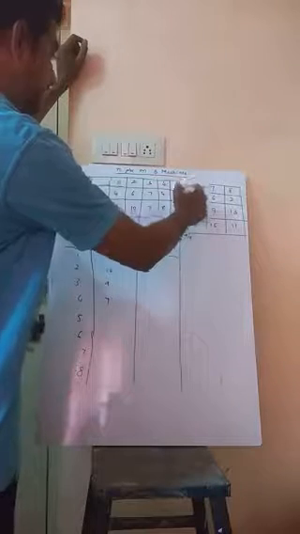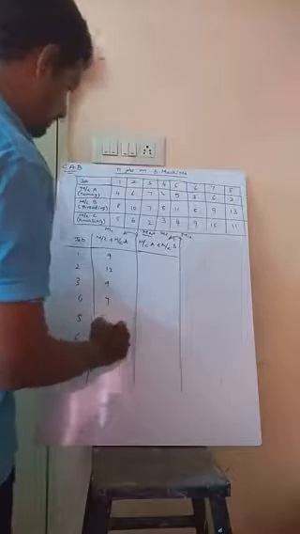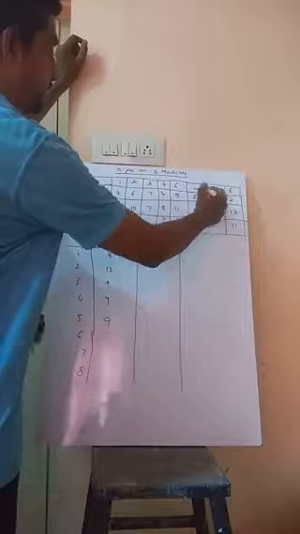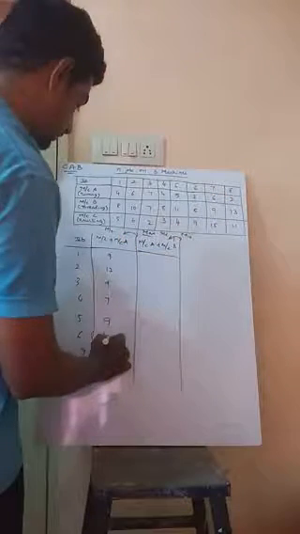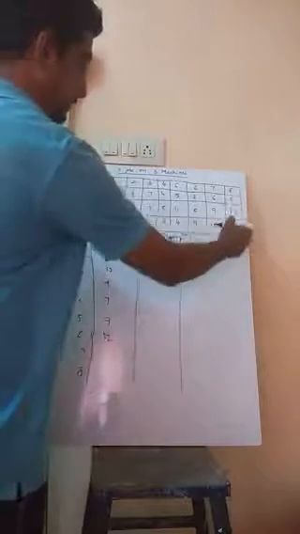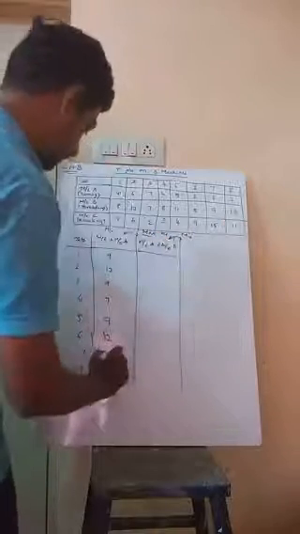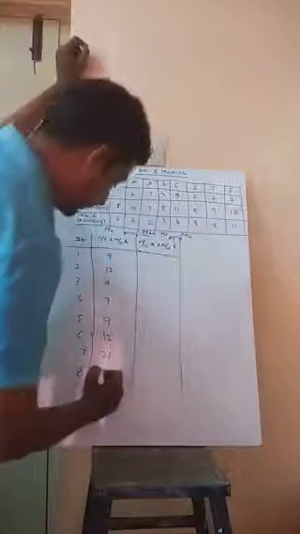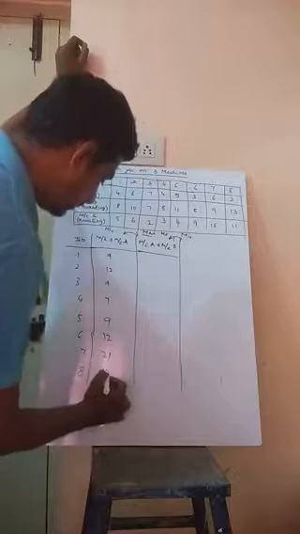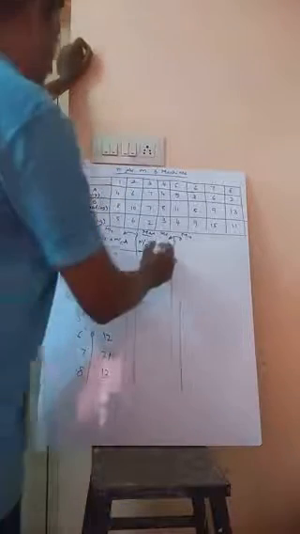For the fifth one, it is 5 plus 4, 9. For the sixth one, 3 plus 9, that is 12. Then 6 plus 15, it is 21. And 11 plus 2 is 13.